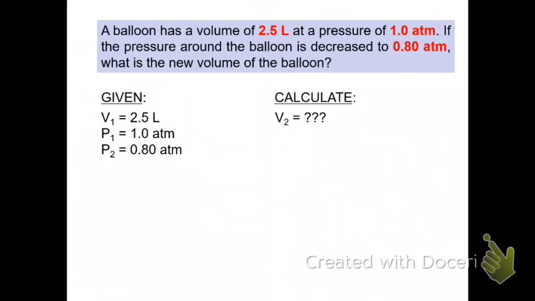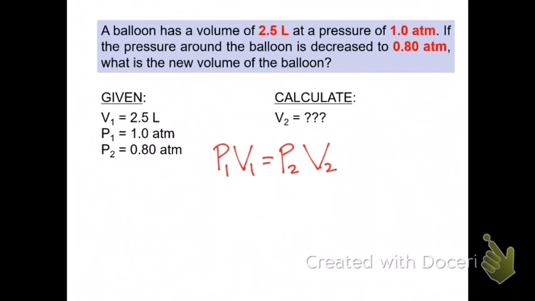All right, so the equation that we will need here is the Boyle's law equation. All right, so we have P1 V1 equals P2 V2. All right, and we want to isolate V2 by itself.